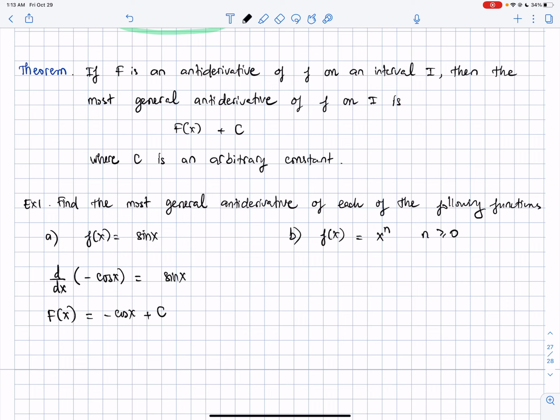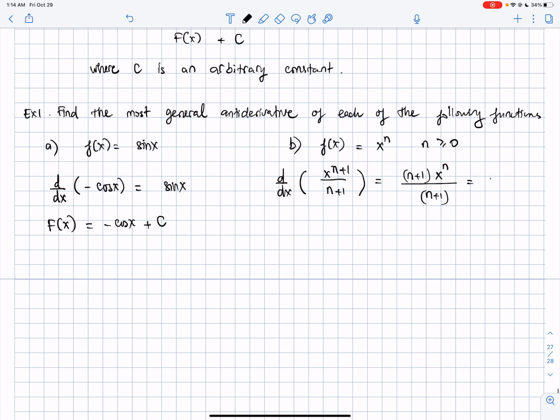Problem B: if we take the derivative of x to the n plus 1 over n plus 1, then showing the work, we will get n plus 1 moving down, and in the bottom you still have n plus 1. The x exponent will be n plus 1 minus 1, which is n, and we will cancel the n plus 1.